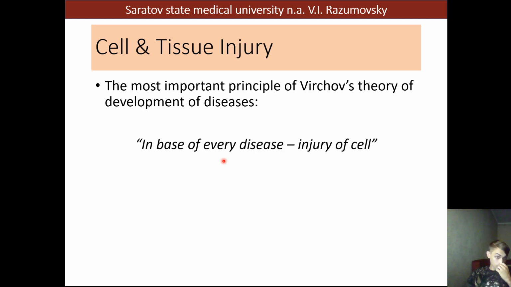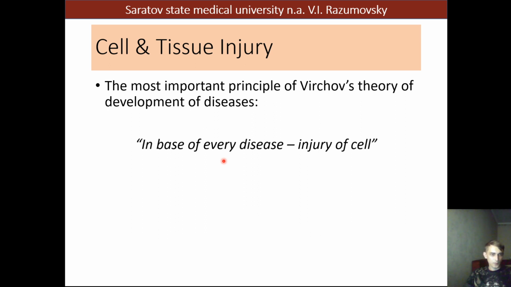The first block of our course is cell and tissue injury. The most important principle of Virchow's theory is that injury of cells lies at the base of every disease.